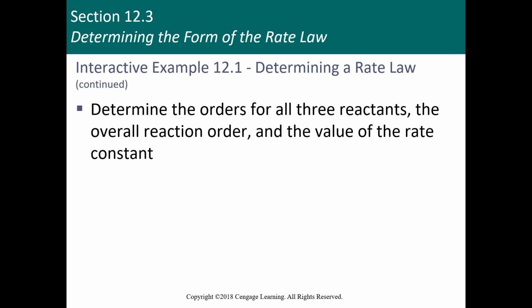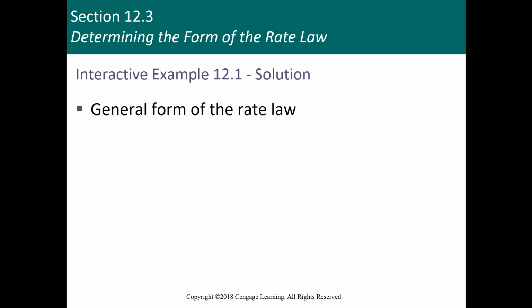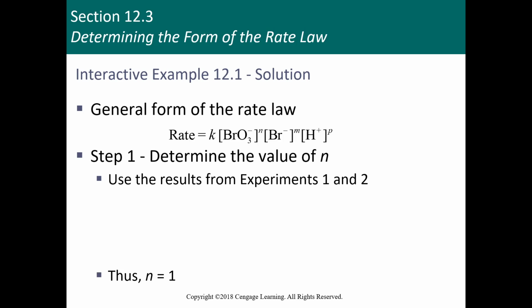Okay, so let's determine the orders. We'll do it mathematically this time. And then we're going to determine the value of the rate constant. Alas, these problems always have a little bit of length to them because you always have to get the orders before you can get the rate constants. Okay? So the general form of your rate law is always going to be like so.